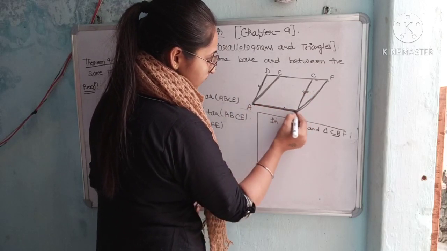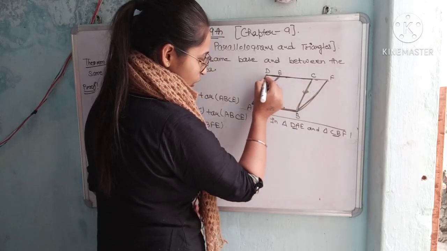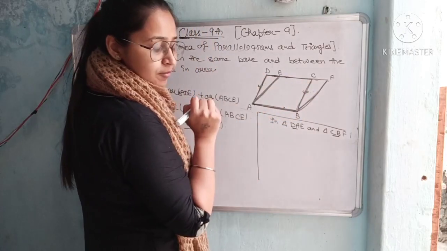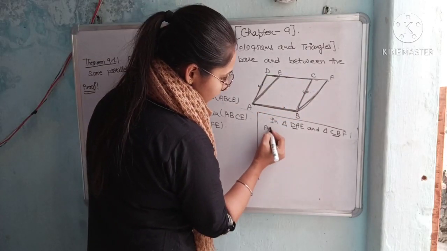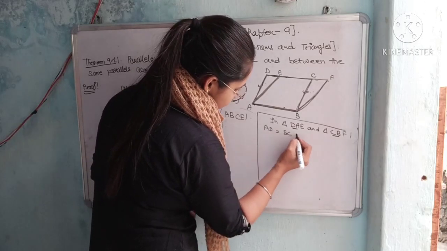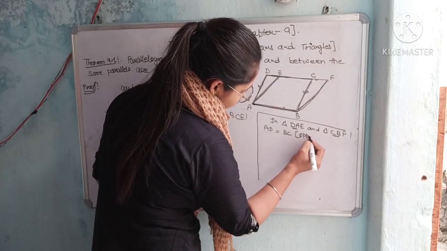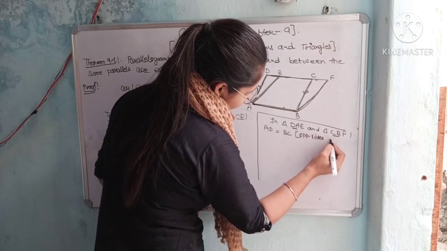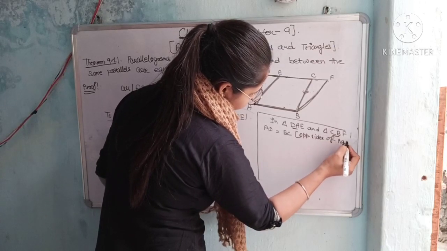Why? Because ABCD is a parallelogram and opposite sides of a parallelogram are equal. So AD is equal to BC, and the reason is opposite sides of a parallelogram.